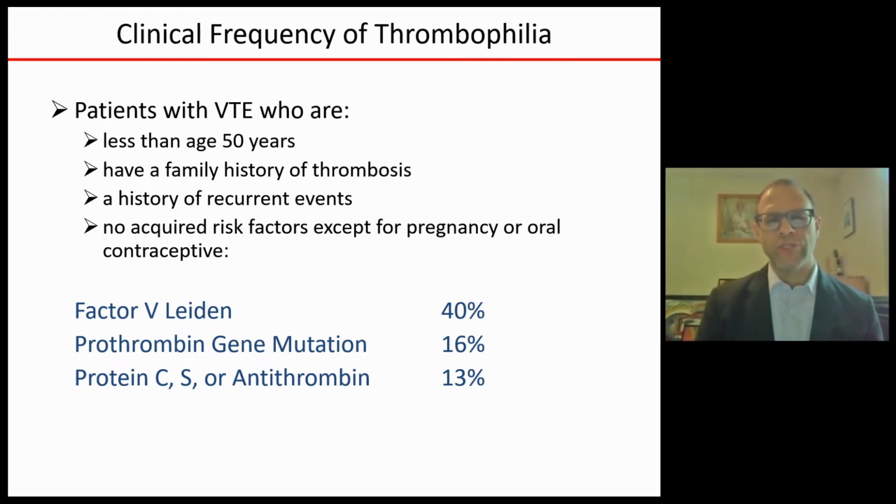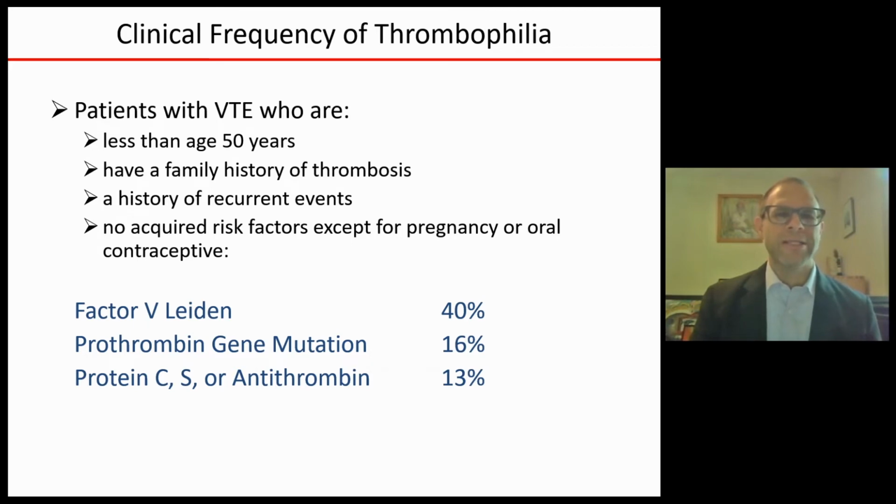Most importantly, will it change our management? Will it extend the duration of our anticoagulation plan? Or possibly will we start somebody on anticoagulation because they have a thrombophilia? That thrombophilia has to be really severe for somebody to be started on a blood thinner without actually having a blood clot. That almost never happens.